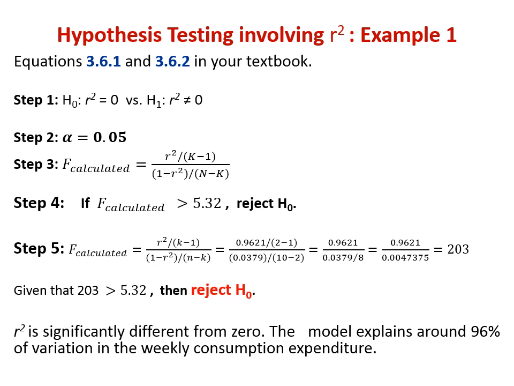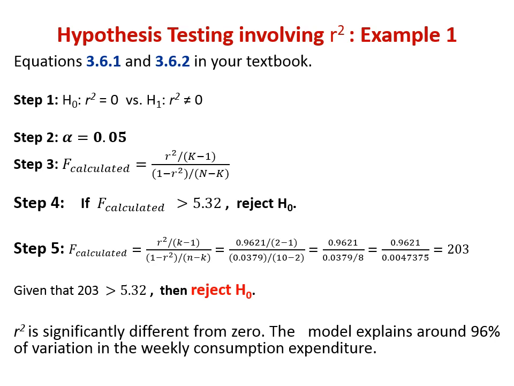Now, let us start our hypothesis testing procedure. In the first step, we state the null and alternative hypothesis. The null states that the coefficient of determination equals 0. This means that the model has no explanatory power in explaining the variation in the dependent variable, whereas the alternative hypothesis states that the null hypothesis is not true.